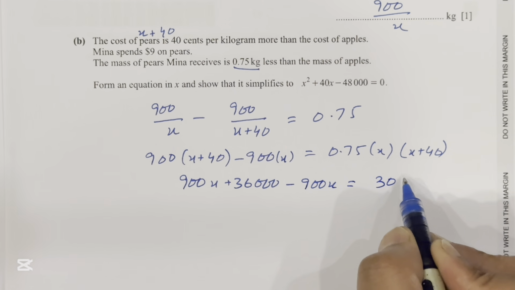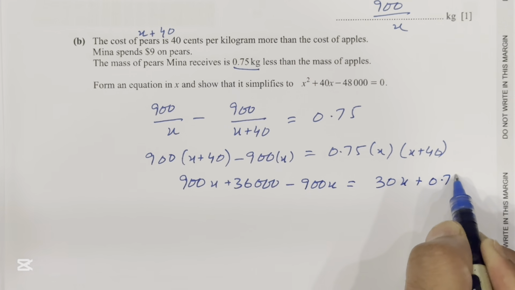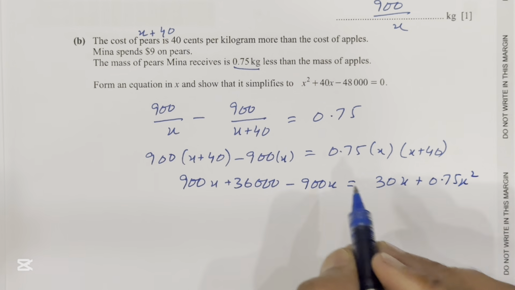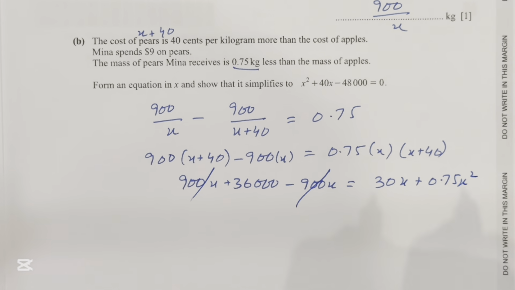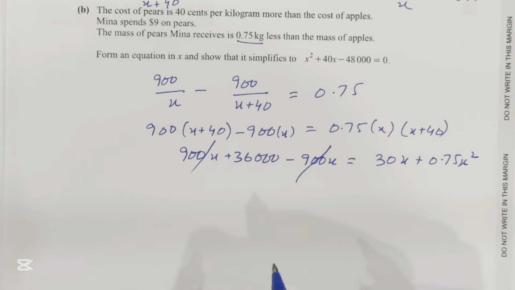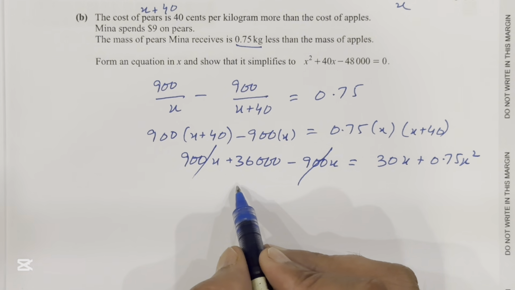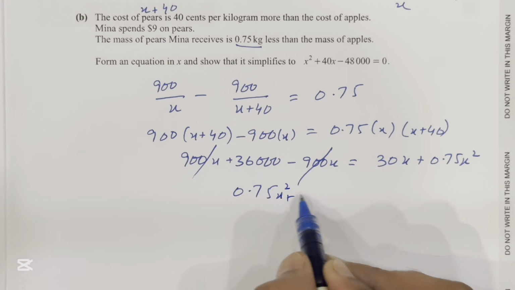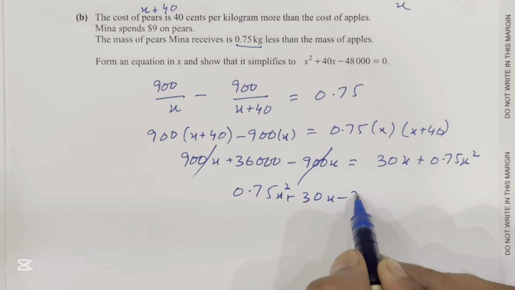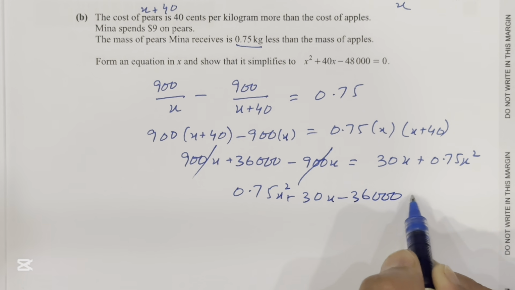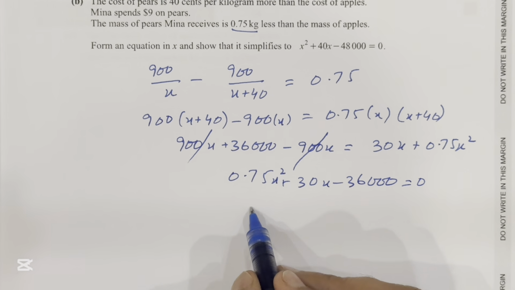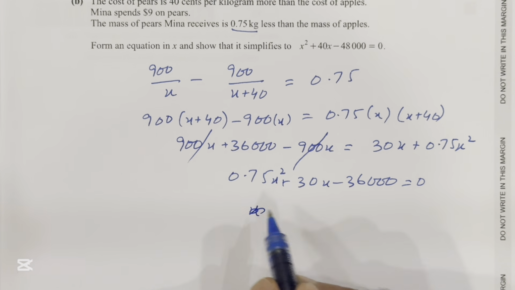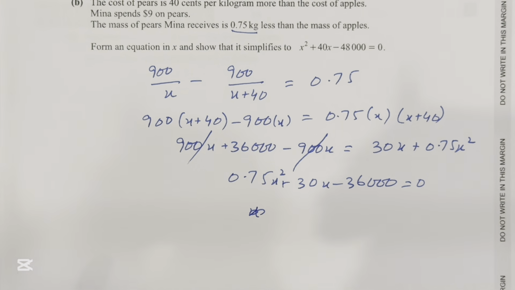That is equal to 30x plus 0.75 x square. So we're going to cancel those values. So it would be equal to 0.75 x square plus 30x minus 36,000 is equal to 0. So you can simplify to get this answer.